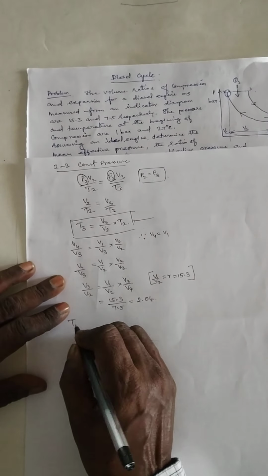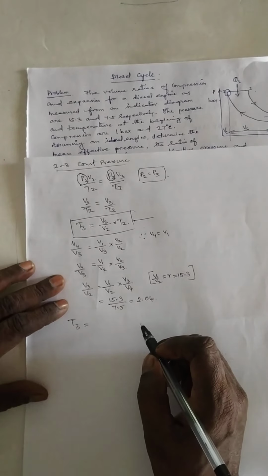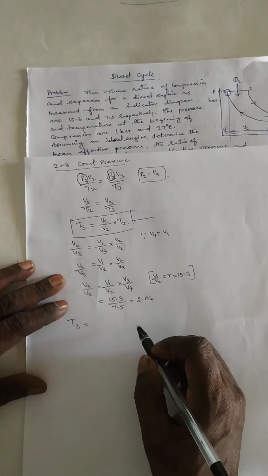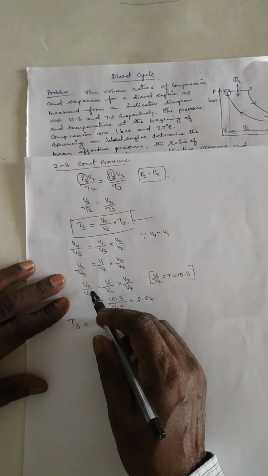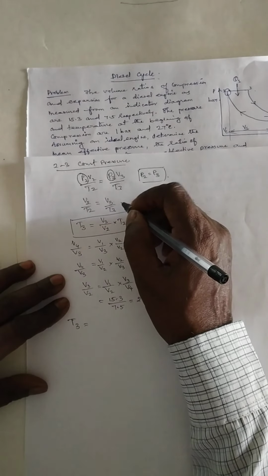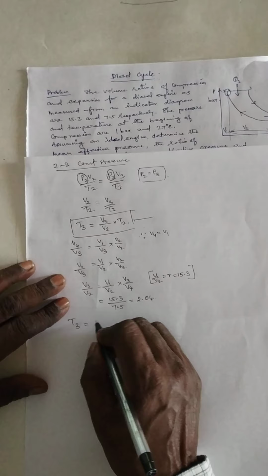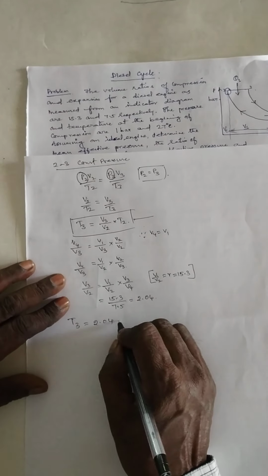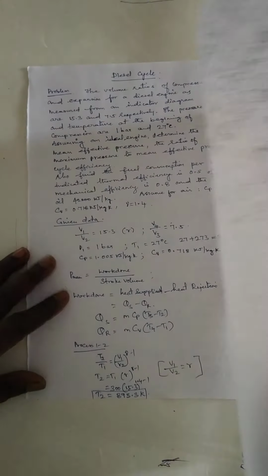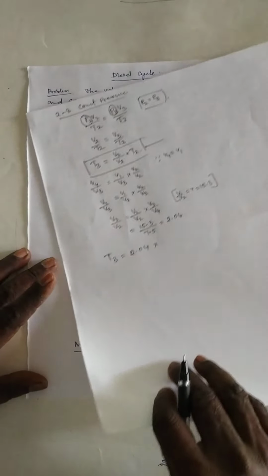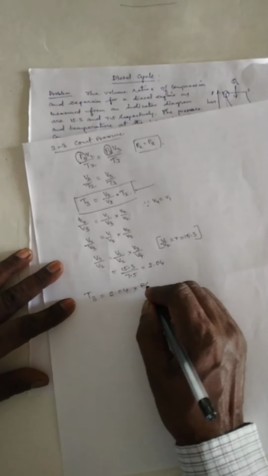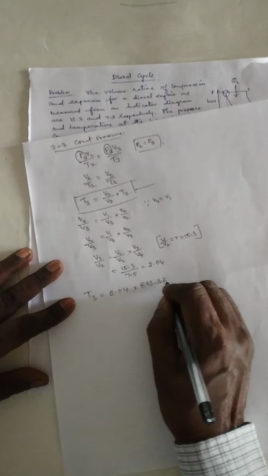So T3 is equal to V3 by V2 into T2. V3 by V2 is 2.04, where T2 is equal to 893.3 Kelvin.